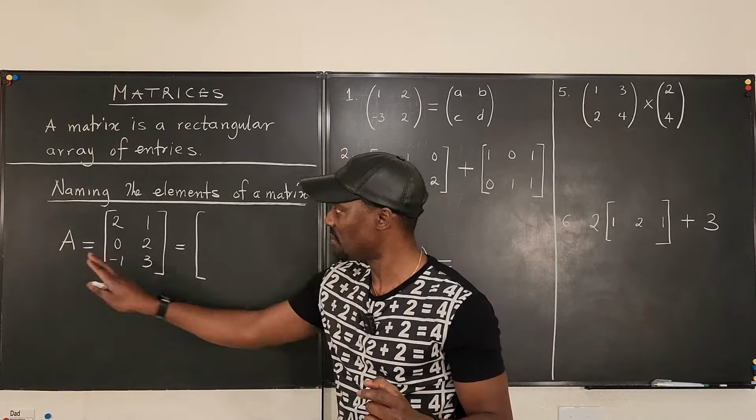You cannot say, oh, I want to add 3 to all of these. What can I do if I want to add 3 to all of these? Well, you'll have to go find a matrix that has all 3s. So if you want to add 3 to all of the entries here, you will have to create another matrix that looks like this. And then you add it to this so that the corresponding entries will just take up new 3s. But you cannot just say 3 and then add it.